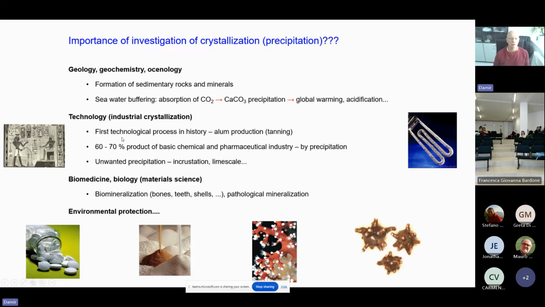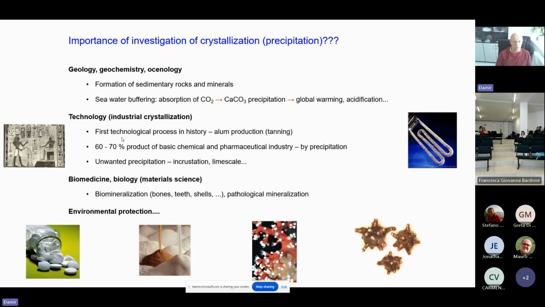If we consider that probably the first technological process in history was production of alum in old Egypt, and after that all this production evolved, and nowadays about 60 to 70% of products of basic chemical industry and pharmaceutical industry is related somehow to precipitation or crystallization.